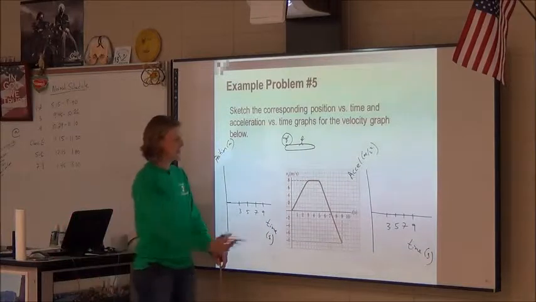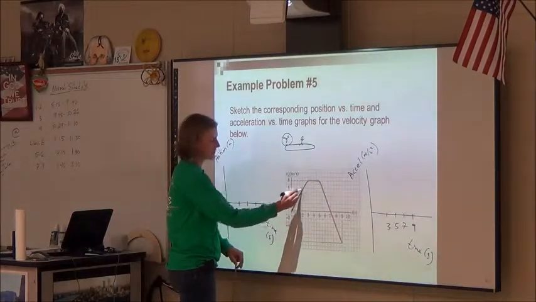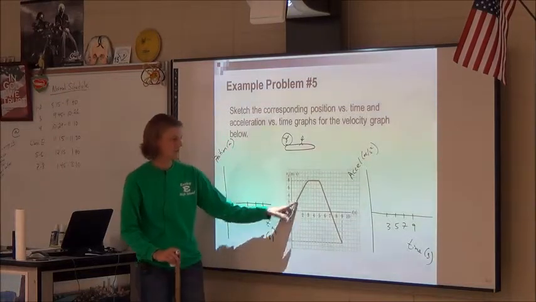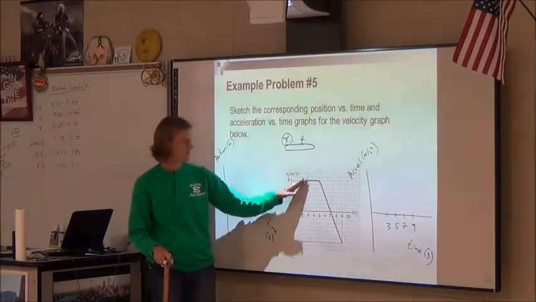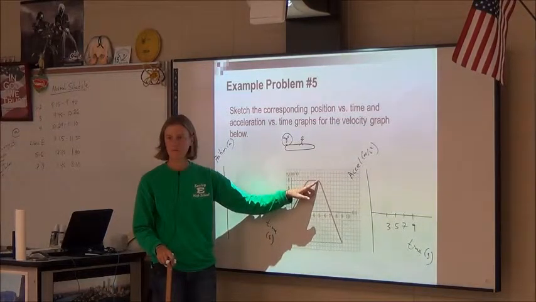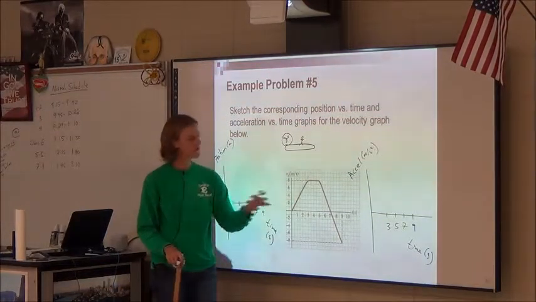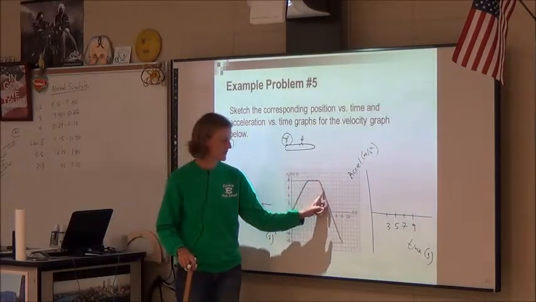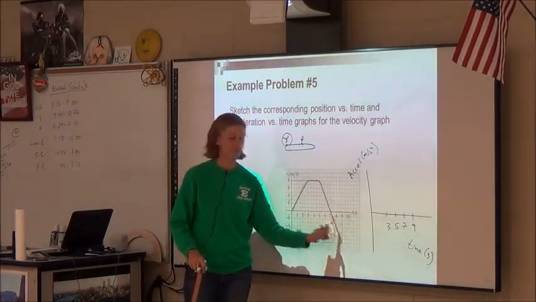So if the velocity graph looks like this, what is happening to the hovercraft immediately? Speeding up, speeding up, speeding up. We get to about 3 seconds, and then what happens? Stays the same speed. Doesn't stop, but it stays at 8 meters per second. And then what happens? It's starting to slow down.